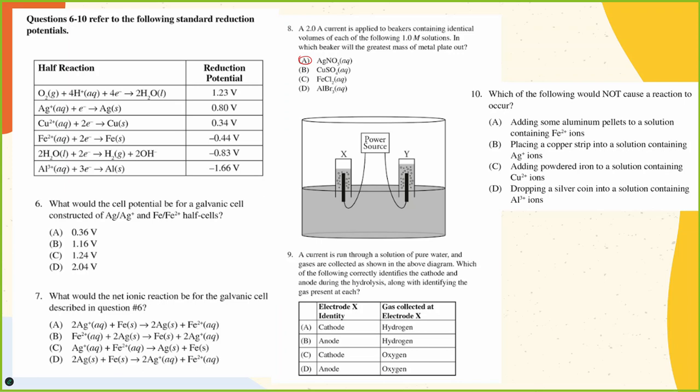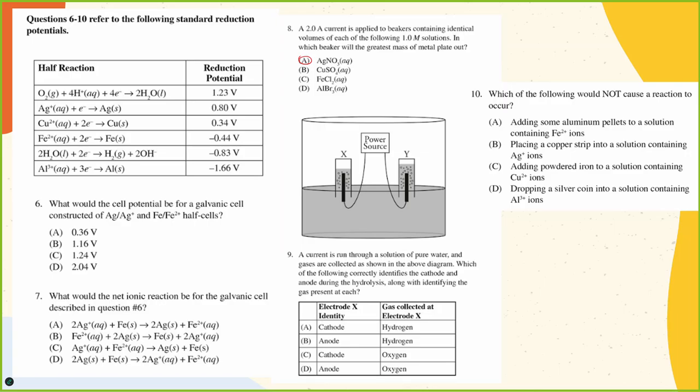All right. Current is run through pure water, and gases are collected as shown above. Which of the following correctly identifies the cathode and anode during hydrolysis, along with identifying the gas present at each? So this is pure water.